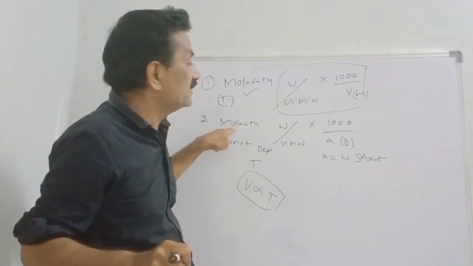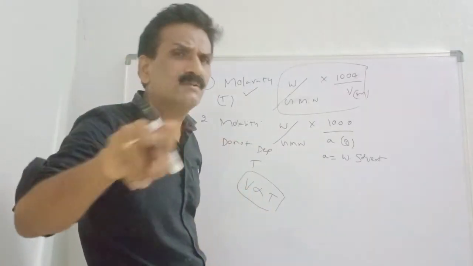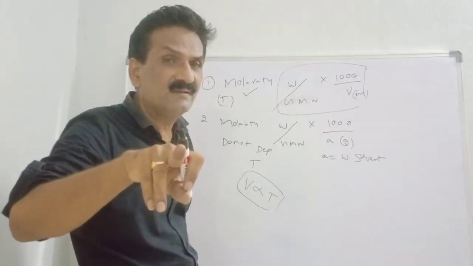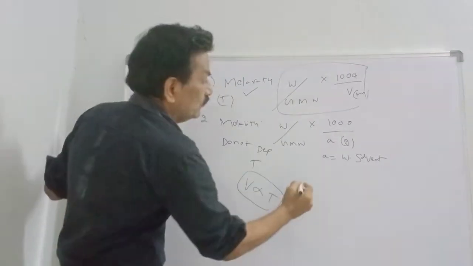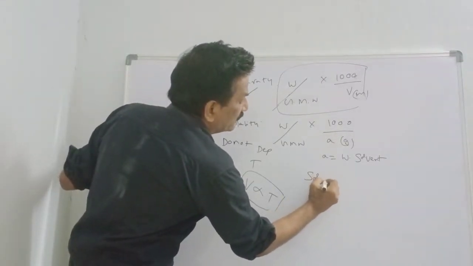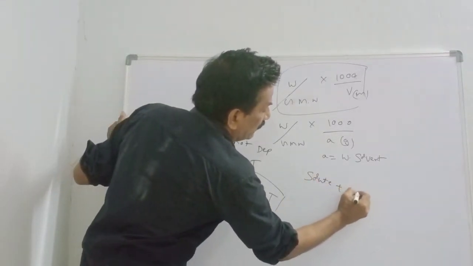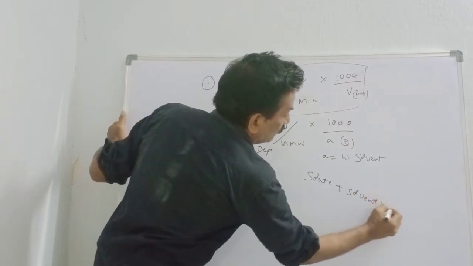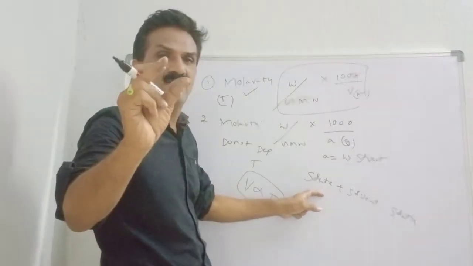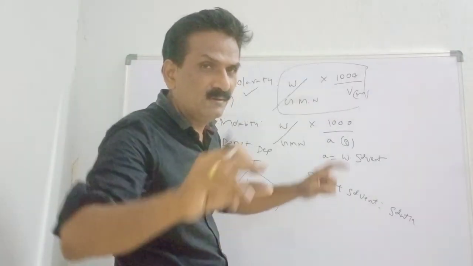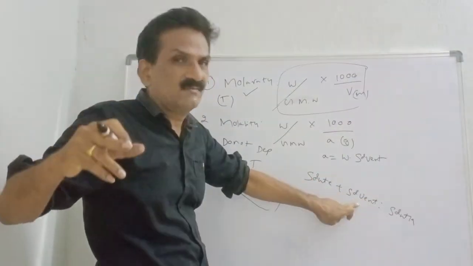In molality, the number of moles of solute present in 1 kg of the solvent. You know what is solvent? We already discussed it. Solute plus solvent is solution. The lesser quantity is called solute, the higher quantity is called solvent.